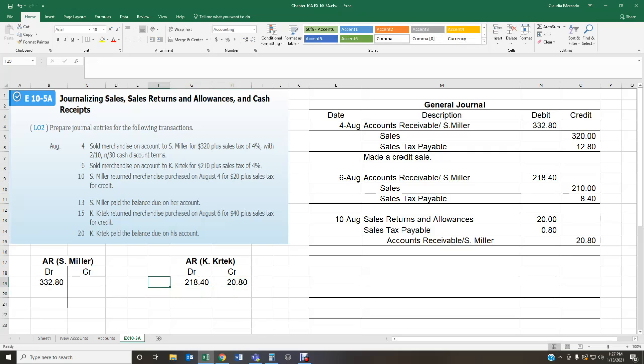Okay? So here we have the return. Accounts receivable is being credited $20.80. So this is the purchase, and this is the return. Oh, sorry. This is for Miller, not for Kurtek.